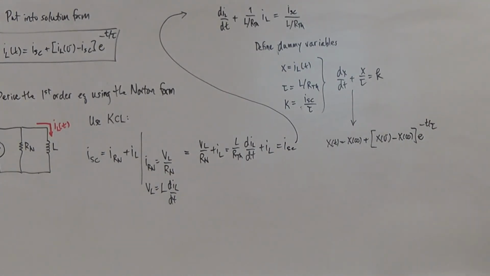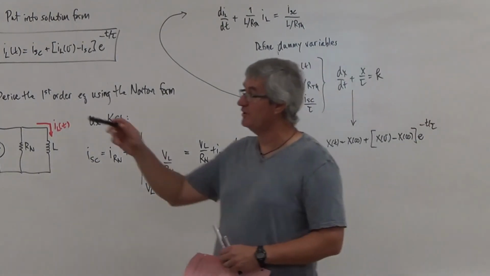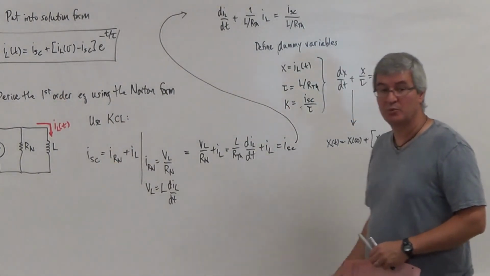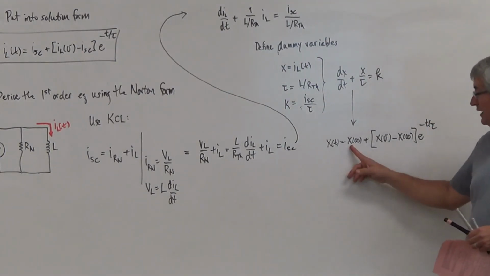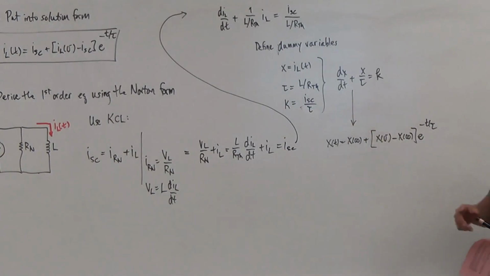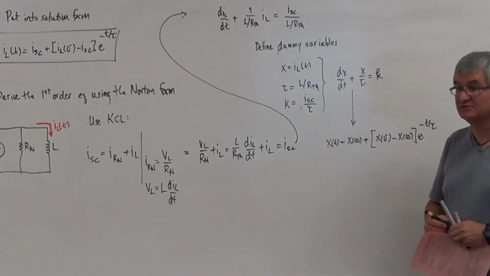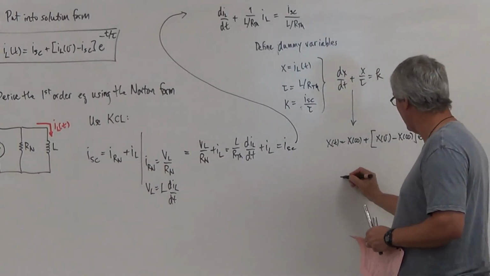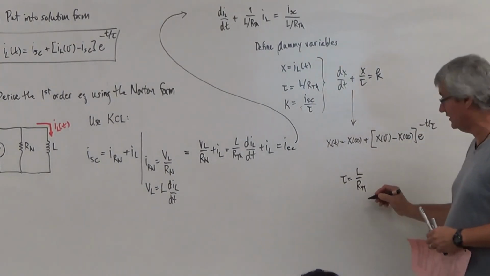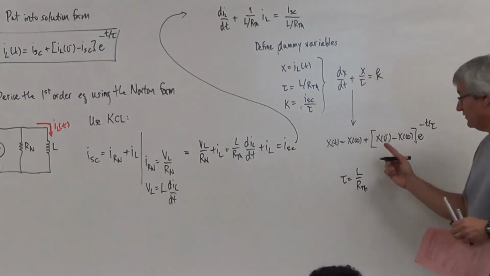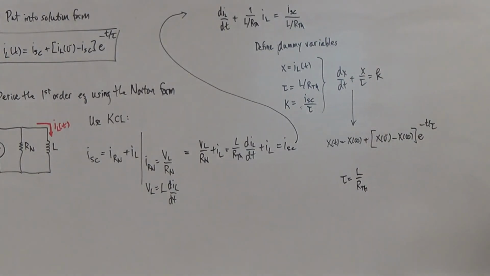Everything works exactly the same. I put quotes over there when I said exactly. What we're really switching here is X for the current of the inductor, and the time constant is different. Tau is now L over RTH. It's not RC, but everything else works exactly the same.